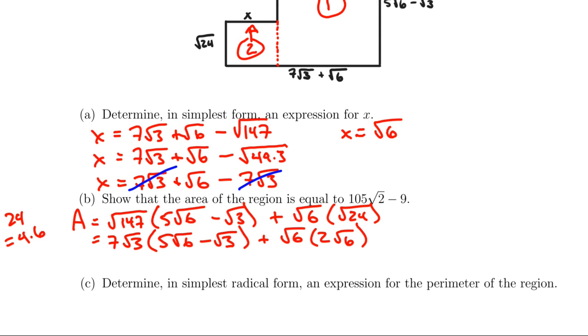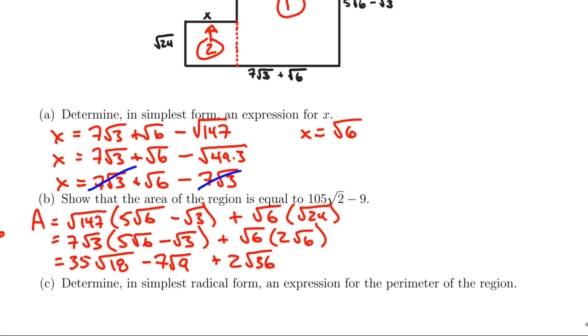That's probably one of those radicals that you've seen an awful lot over and over again. So now we're going to multiply through. So multiplying coefficient by coefficient, radical by radical, it's going to be 35 root 18 minus 7 root 9 plus 2 root 36.